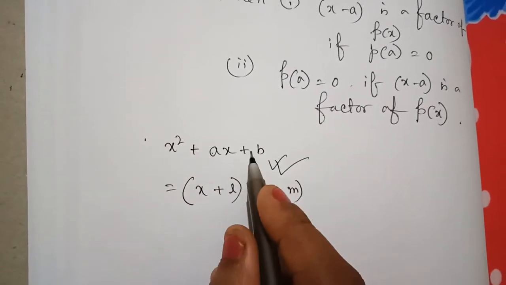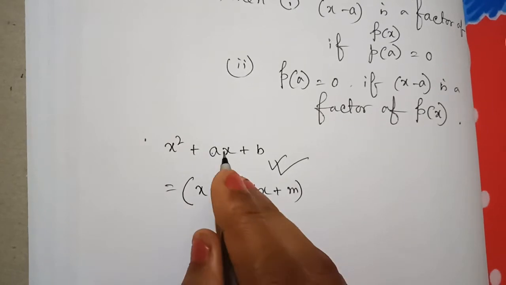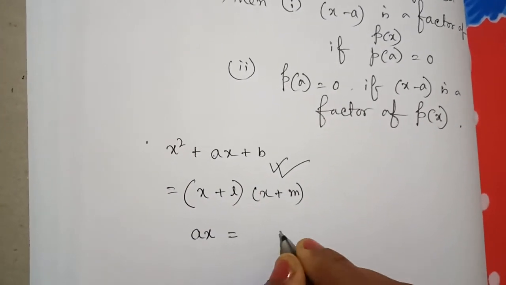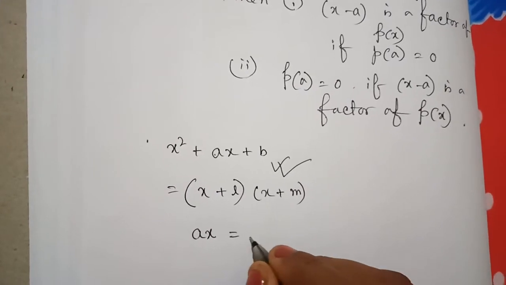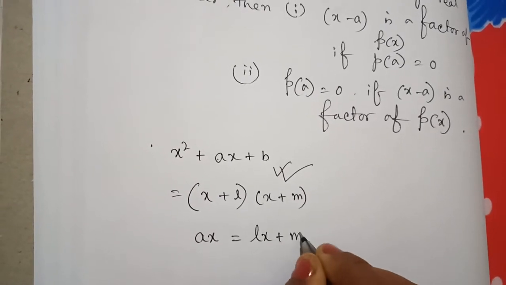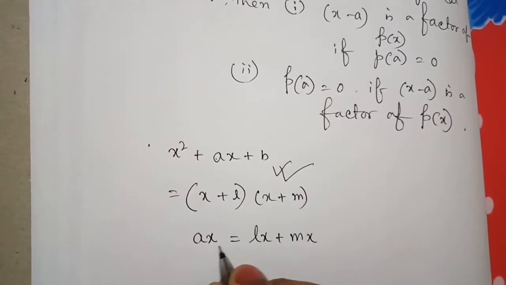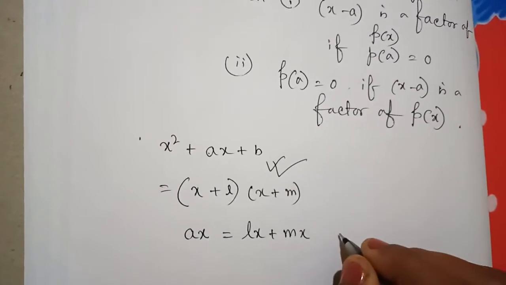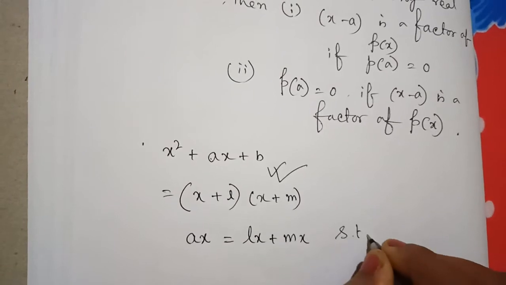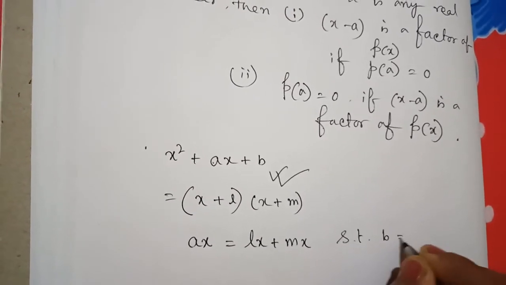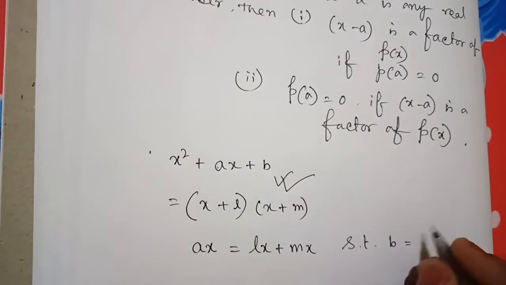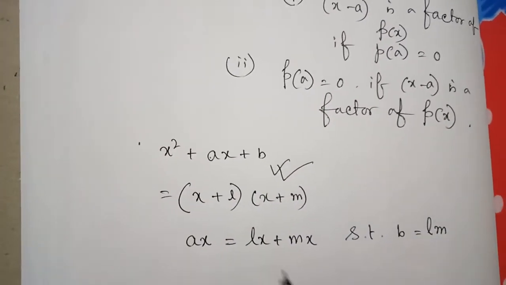It was like that: you need to break this ax into two, meaning the sum of two terms, lx plus mx. You have to break it like this, such that the constant number b must be lm.